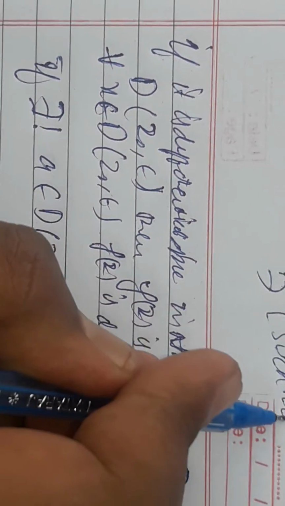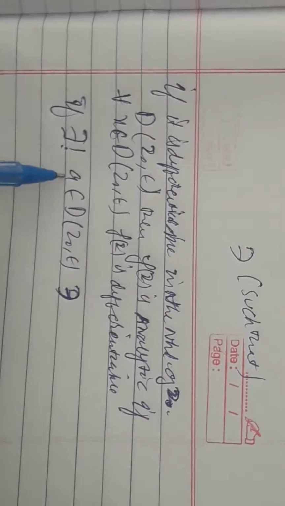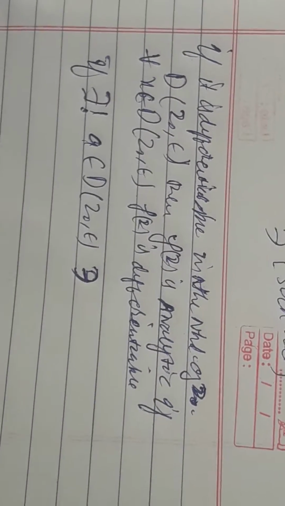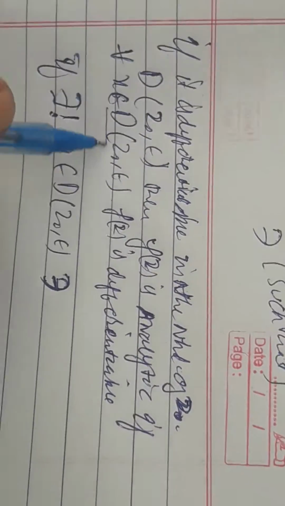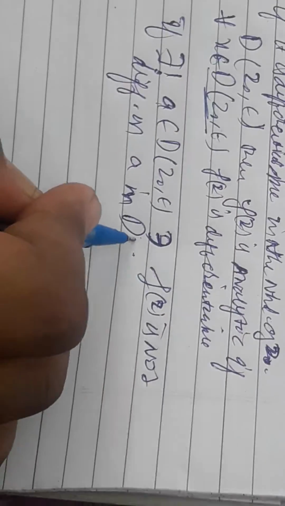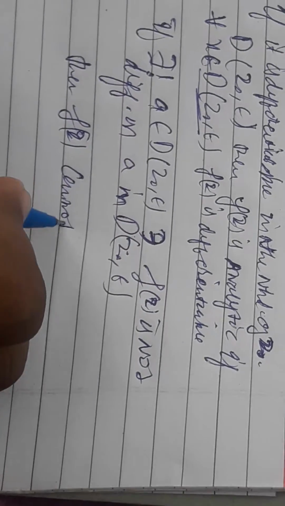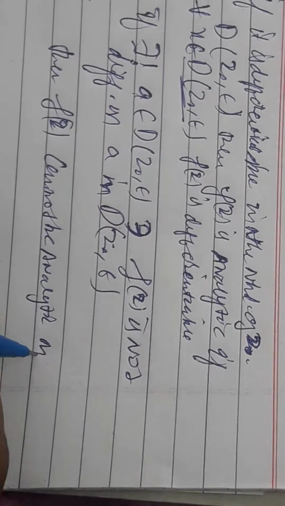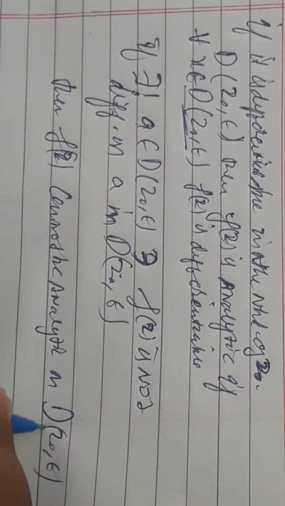If there exists at least one point E in this disk such that the complex valued function is not differentiable at E in this disk having radius epsilon, then f of z cannot be analytic on this neighborhood of z naught.